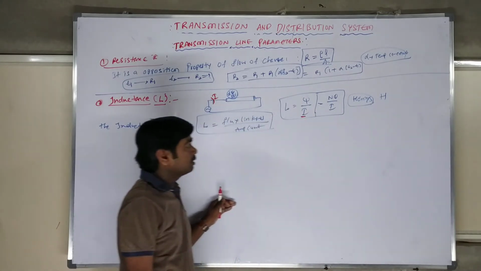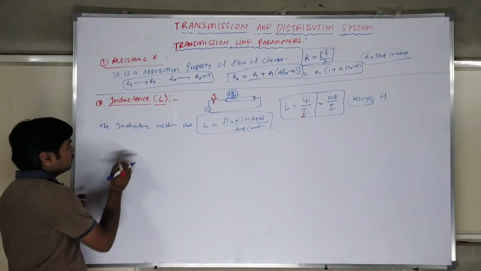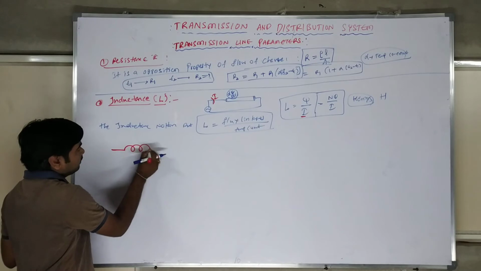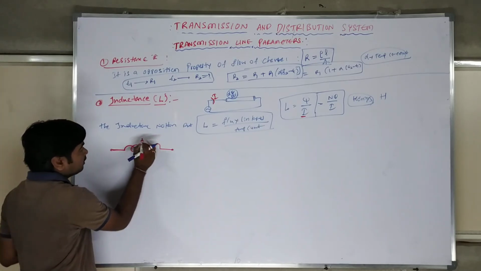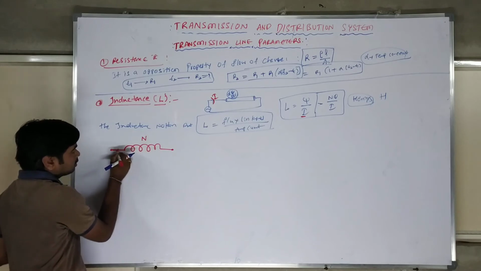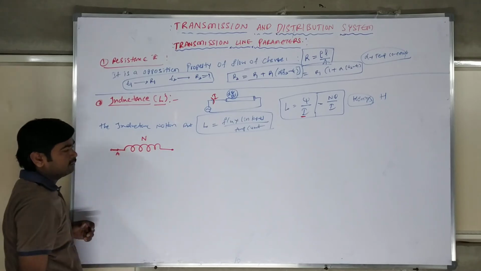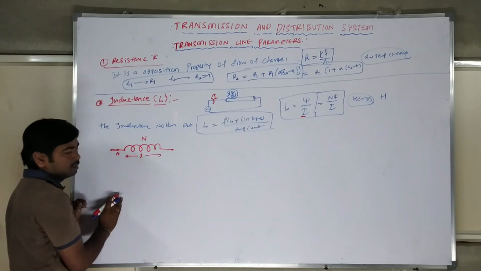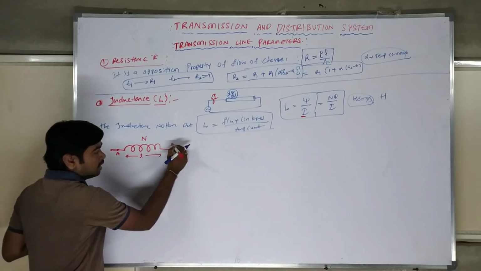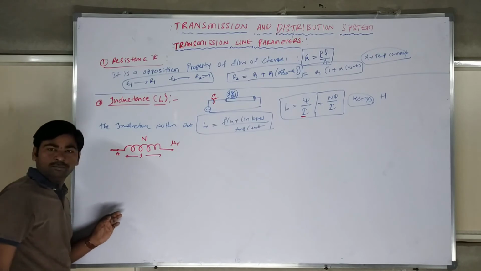So let us take another model. Let us take a coil. The coil has N number of turns, a cross-sectional area of A, a length of l, and a relative permeability of mu r.